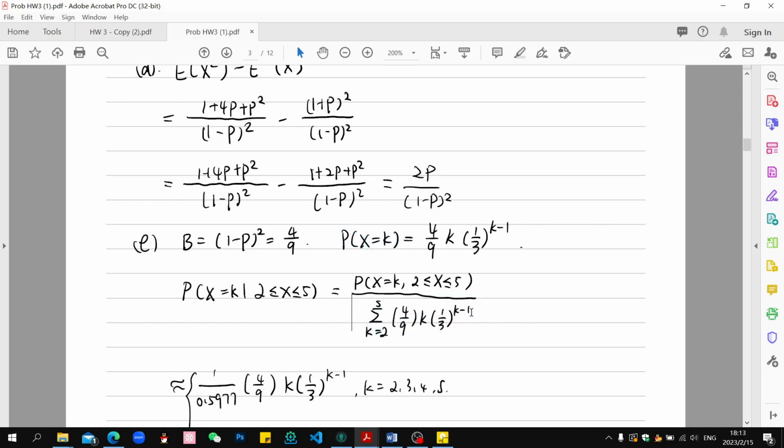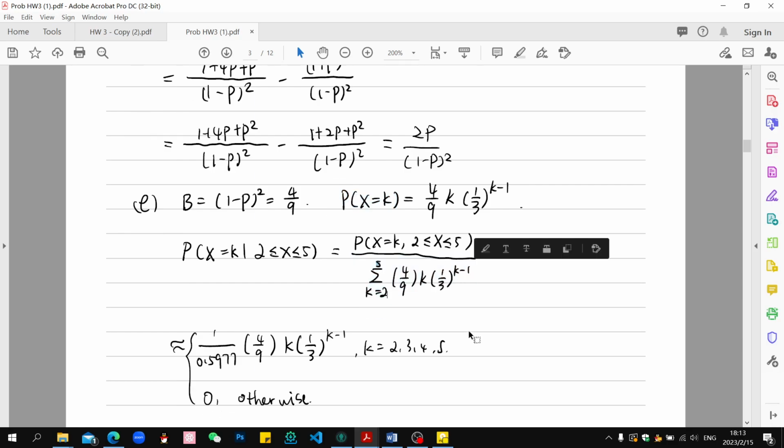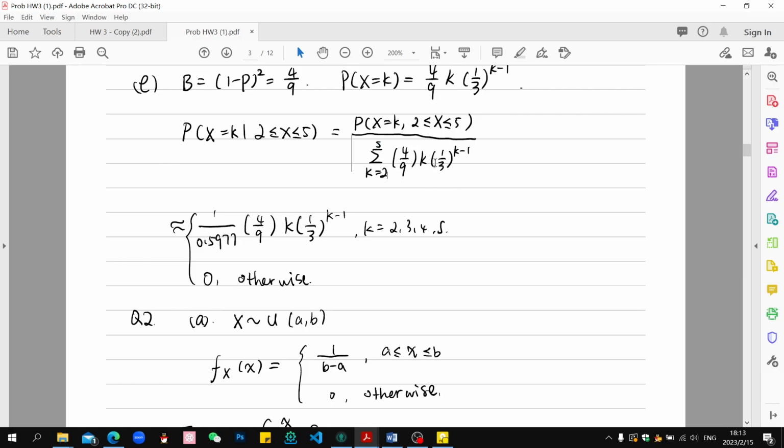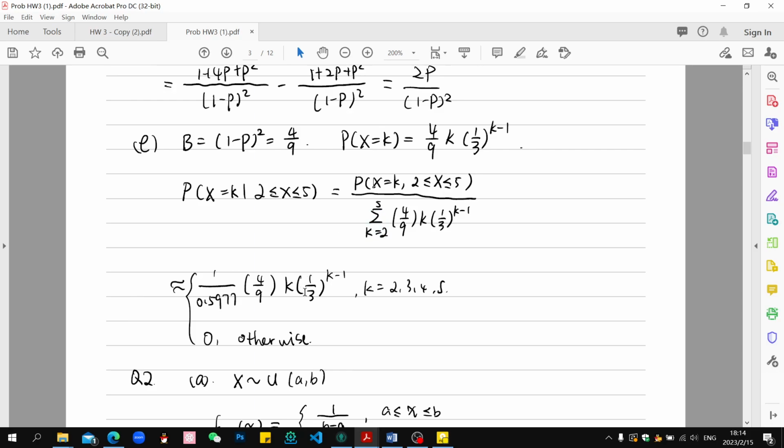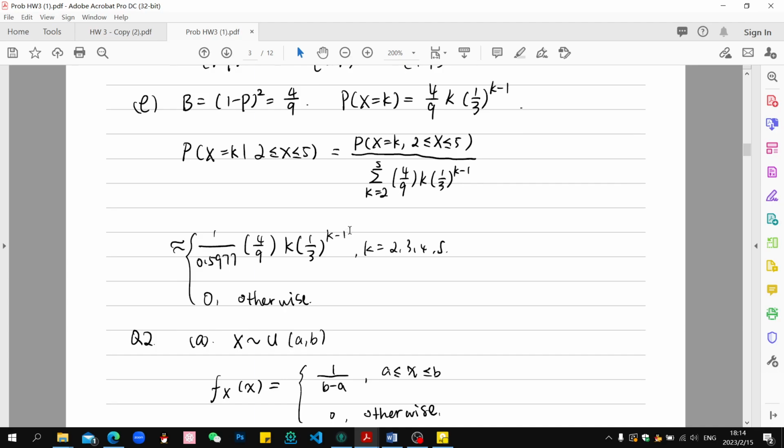That is this value. This is an exact value. So we can make the calculation. Because this is a function of k, and this is a value, we can calculate it to be this.